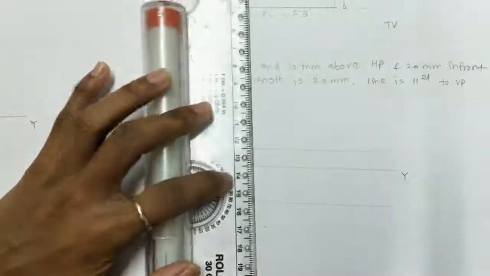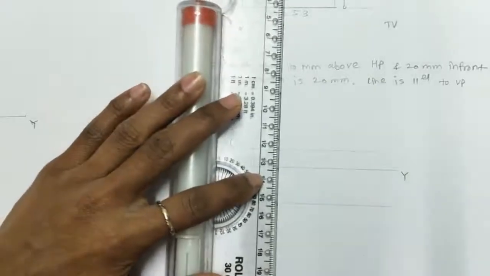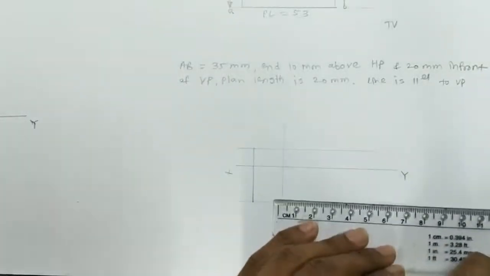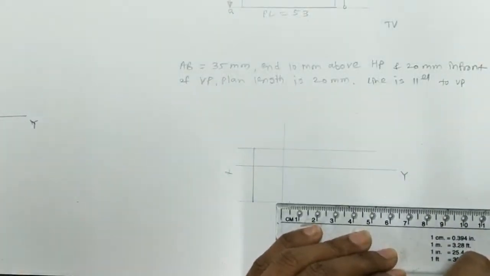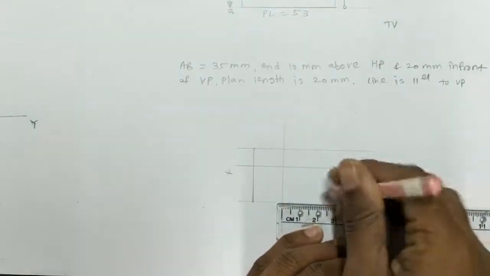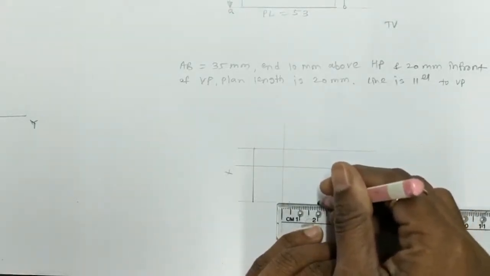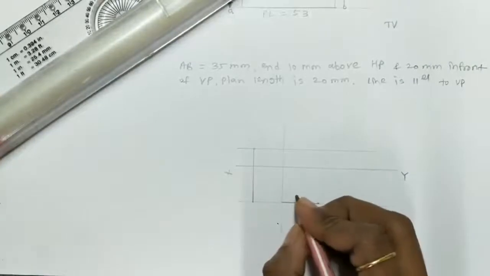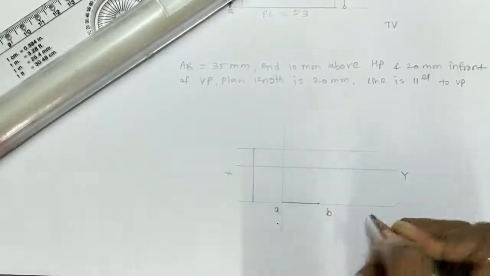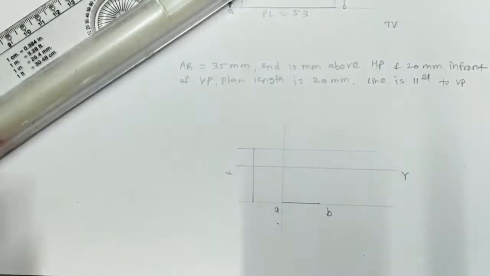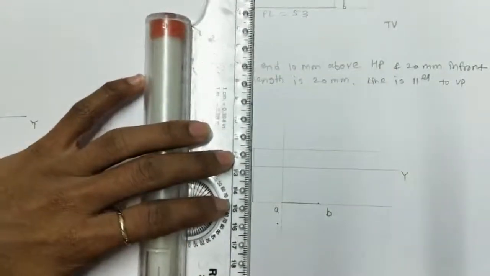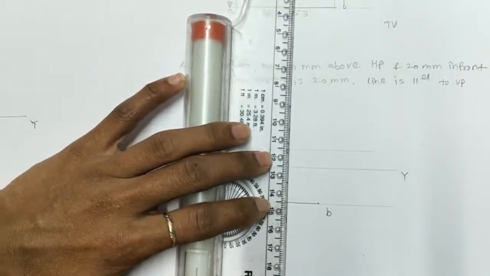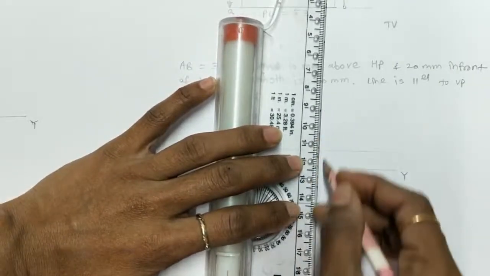Suppose I will take from this point, so take 20 mm, which is plan length, and give its name as A and B. Now on this line, that is from points A and B, take projections in front view.